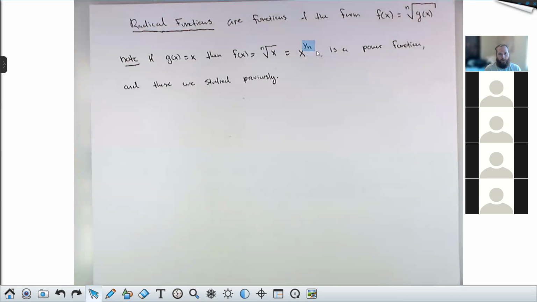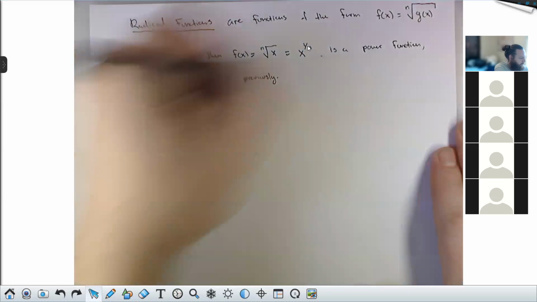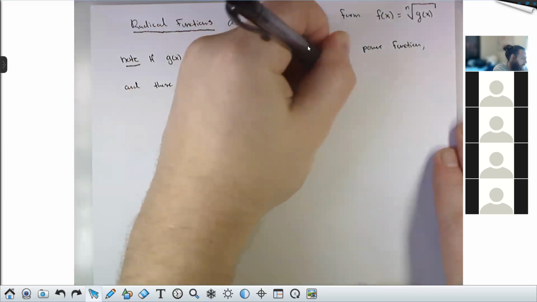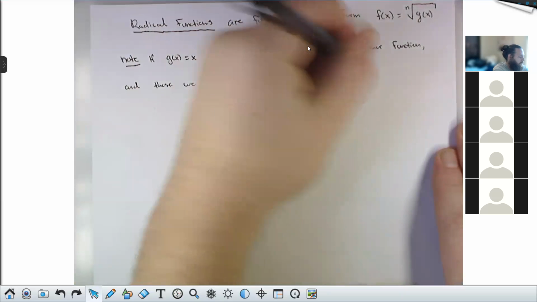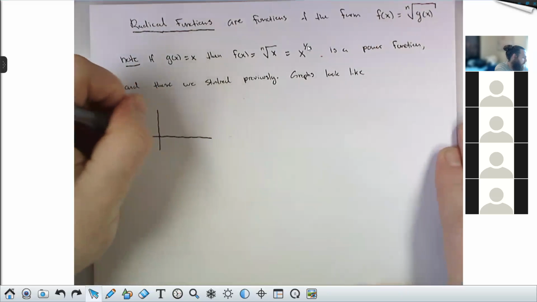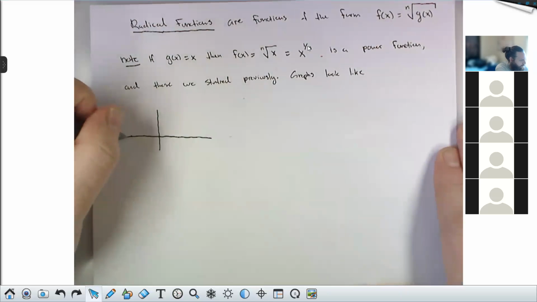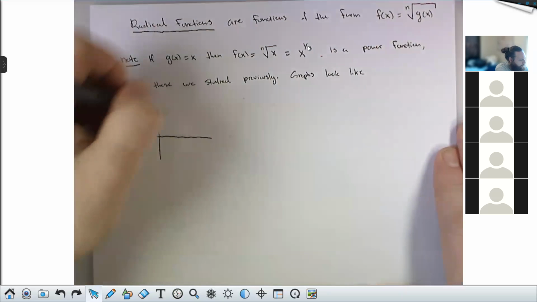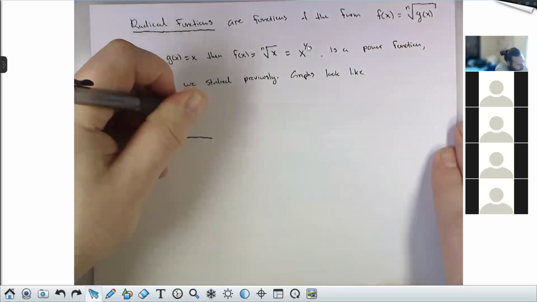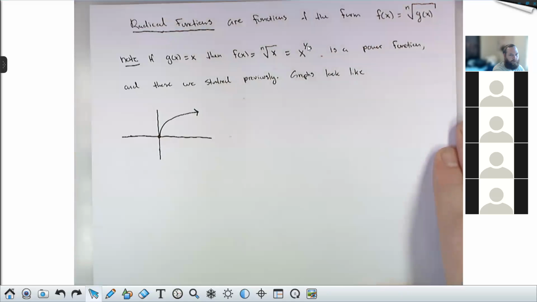If this would be a power that is positive, and between 0 and 1, we know that their graphs look like, there's kind of two possibilities. If it's an even root, it'll look something like this.